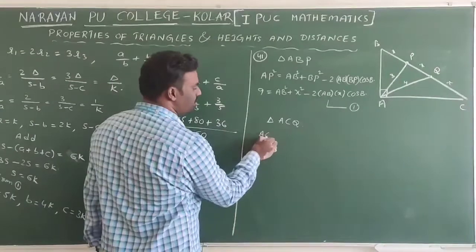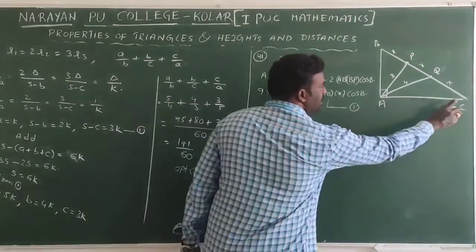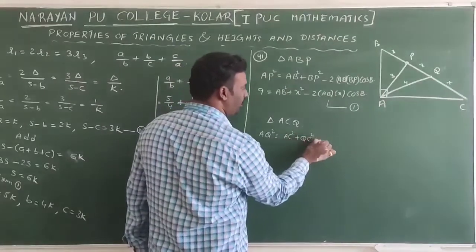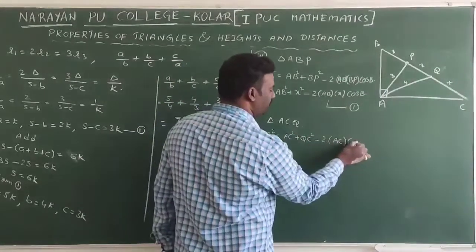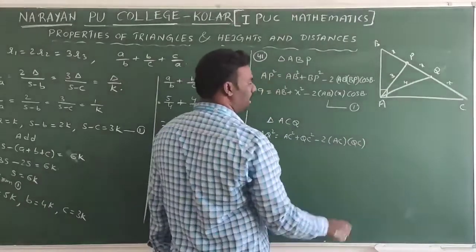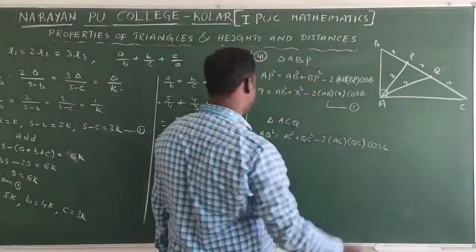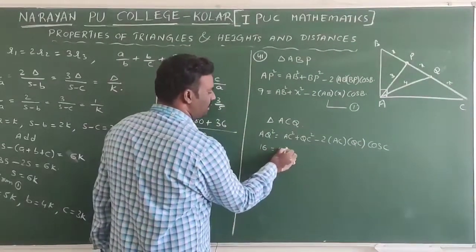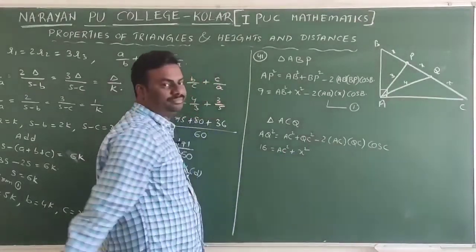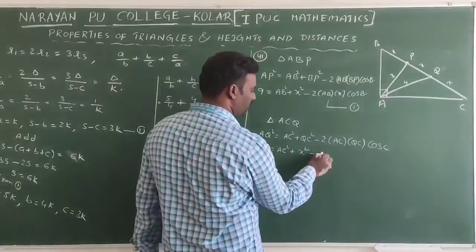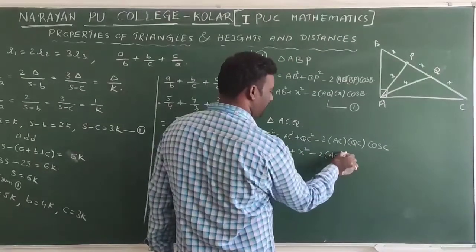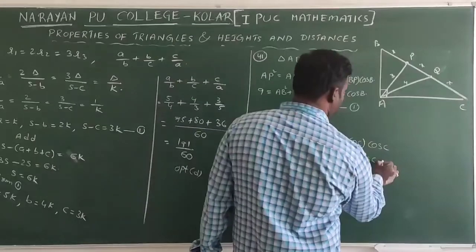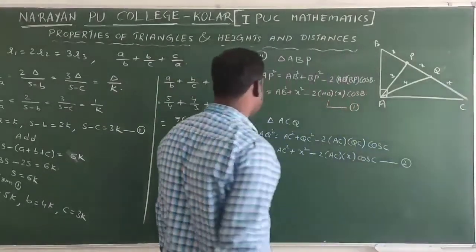AQ square equals AC square plus QC square minus 2 AC into QC and cos C. This is 16 equals AC square plus x square minus 2 AC into x cos C. Now this is equation 2.